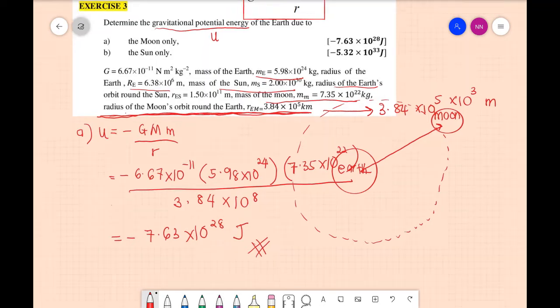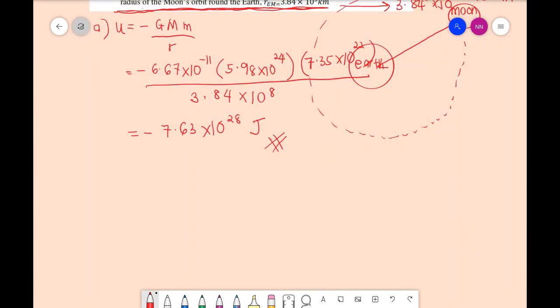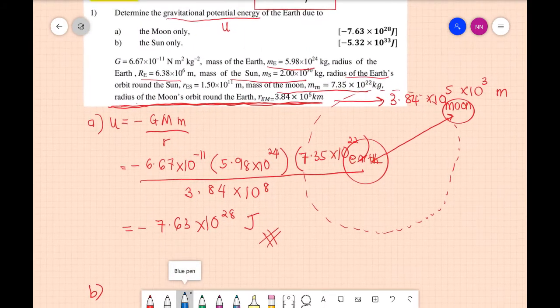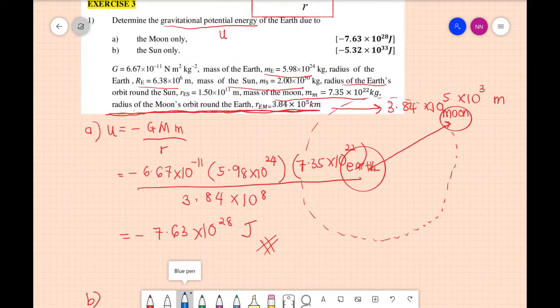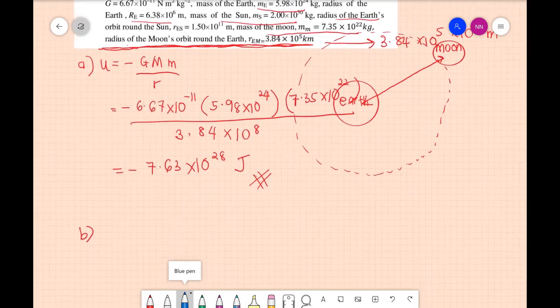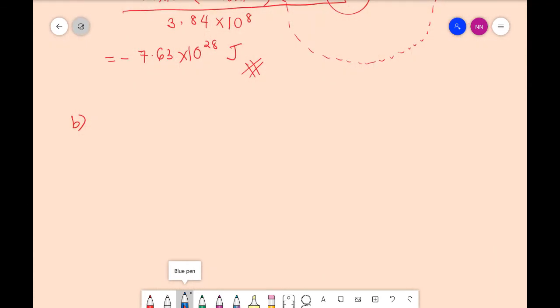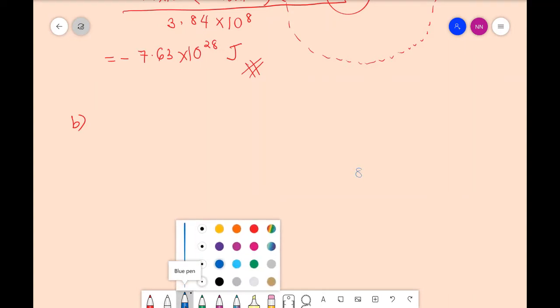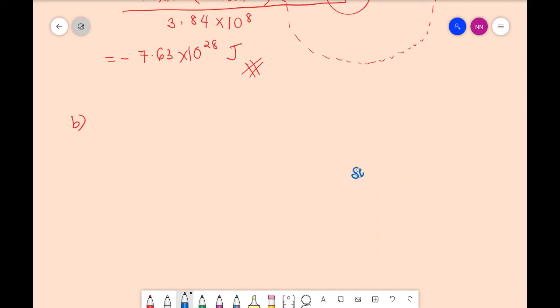And then B. For B, it is the gravitational potential energy of Earth due to the Sun. Let's say this is the Sun, and then this is Earth.